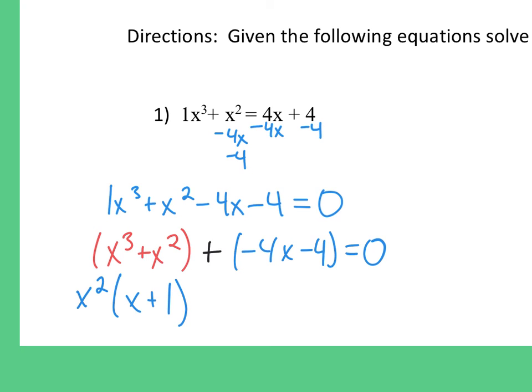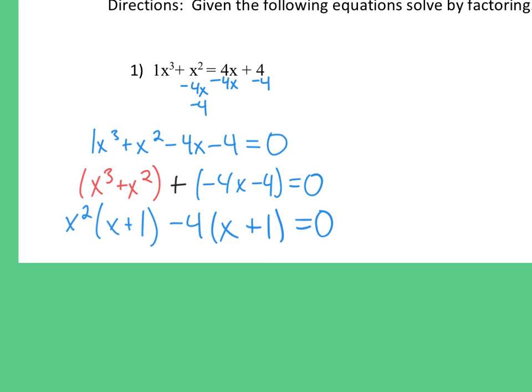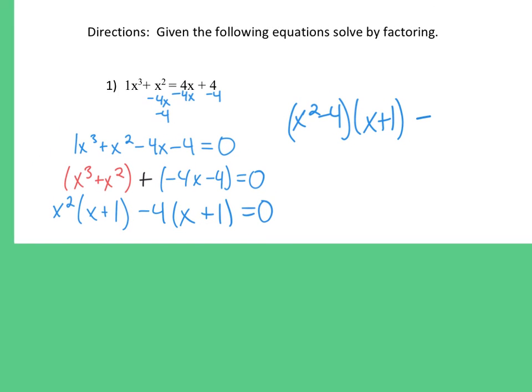Next set, what do both of those have in common? Just a negative 4, and when I take that out, it should also get x plus 1. My final answer then, or not final yet, x squared minus 4 times x plus 1 is 0, and then I set both those terms equal to 0. We'll pick back up after lunch.